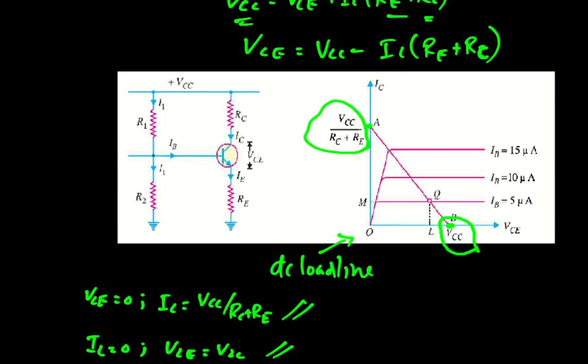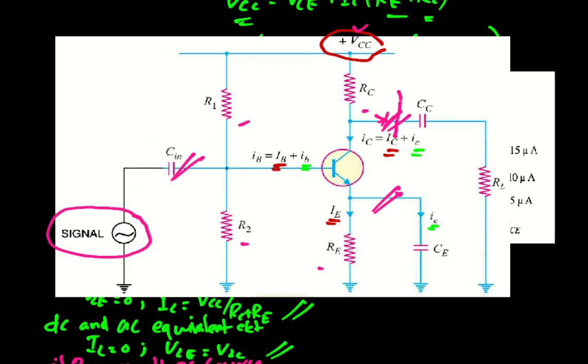Now I am concluding the things which we have discussed here. In the case of an amplifier circuit, to get the different currents and voltages in different branches or networks in the circuit, it is better to replace the circuit by its AC equivalent circuit and its DC equivalent circuit. Here we are considering the DC equivalent circuit first. When we are discussing the DC equivalent circuit, we have to do two things.